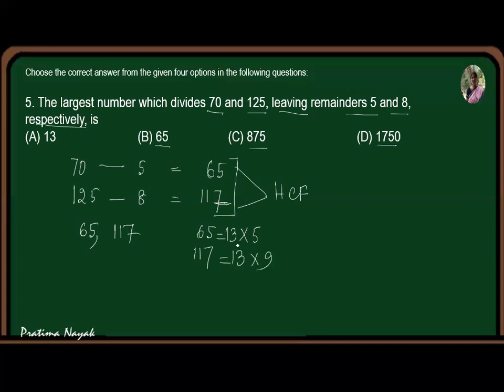So 13 is the common factor. 13 is the answer. Where is the answer? Answer is A.